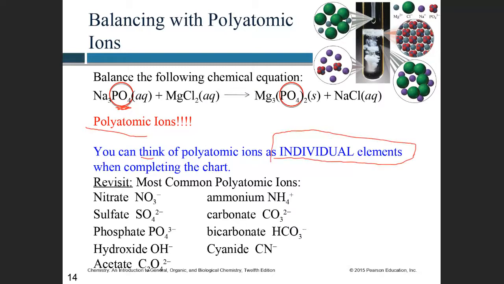So I'm not going to separate P and O. I'm going to consider this as the phosphate ion. And what is the charge of the phosphate? It will be 3 minus. So I'm going to think about the phosphate on both sides as one individual element.